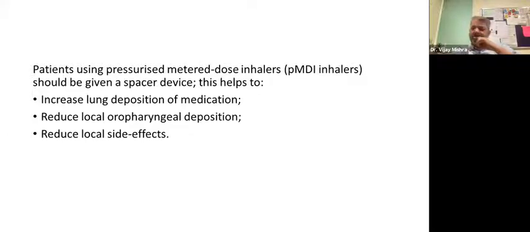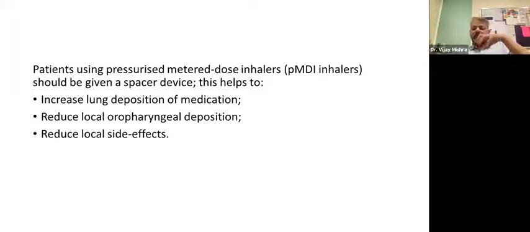What it does, how it helps, is that it increases the lung deposition of medication. So you press it into the spacer and then the patient breathes on his own. So it increases the lung deposition of whatever medicine you are using. It reduces the oropharyngeal deposition.